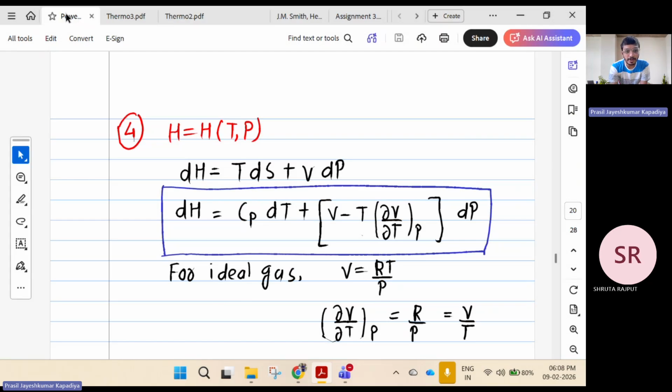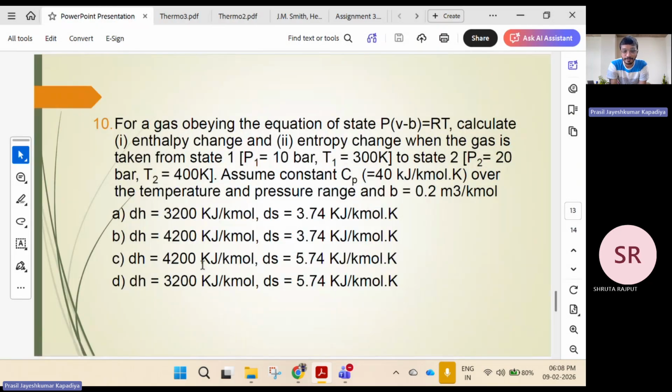So okay, I'm keeping this slide open so you can note down the data.